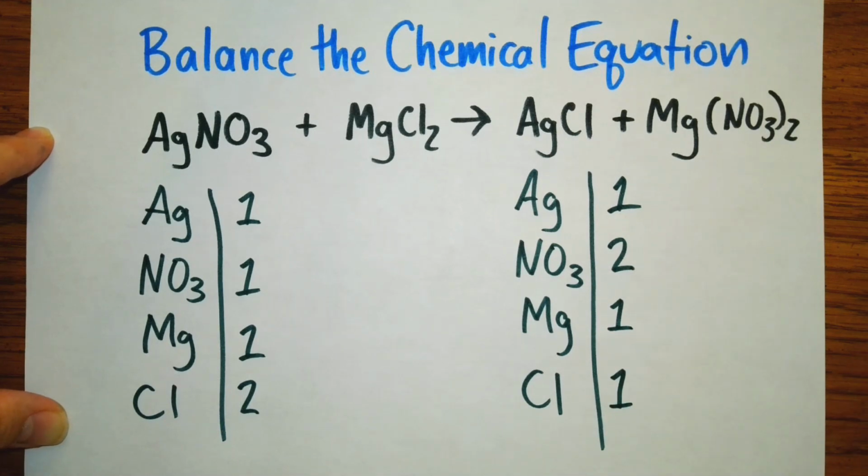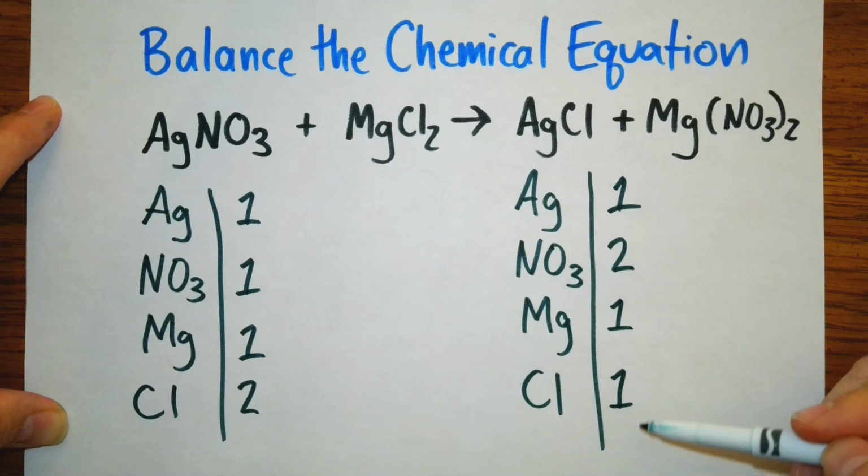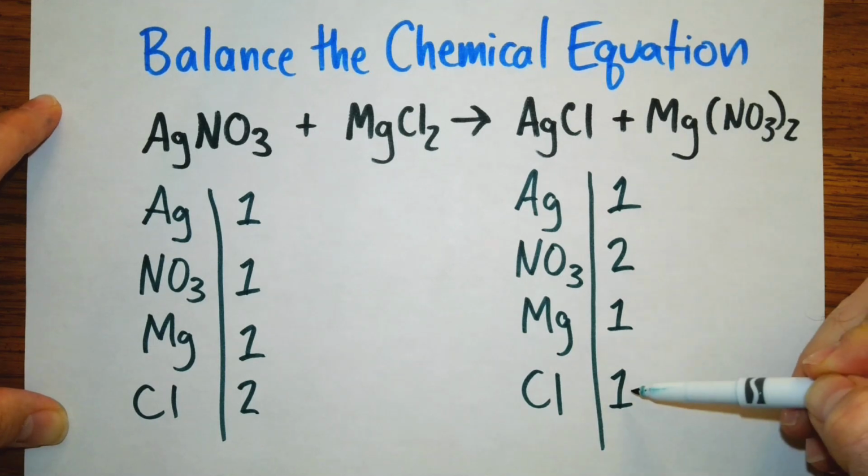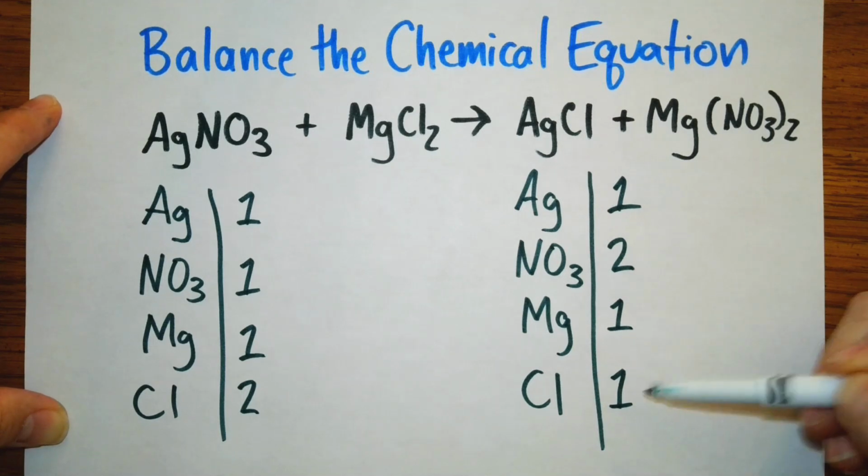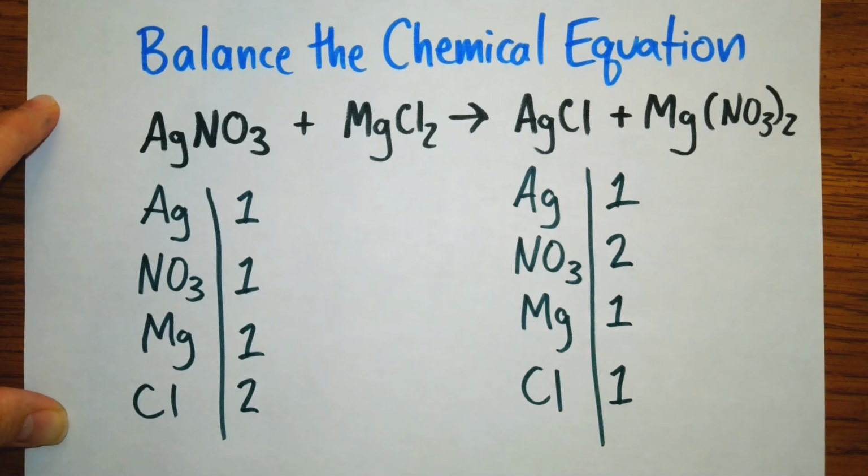Well, according to our tips, we're going to balance our metals first. Well, our silvers are balanced. They're both 1. Our magnesiums are balanced. They're both 1. Okay, so let's work with our nonmetals. On this side, we have 2. And over here, we have 1. So let's figure out what number I can multiply times 1 to get 2, right? That number's 2.